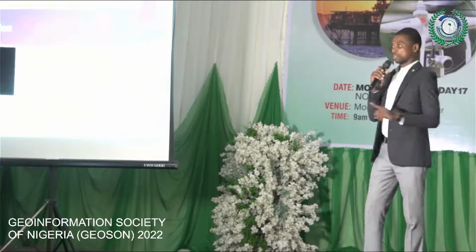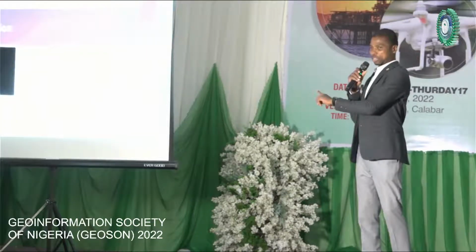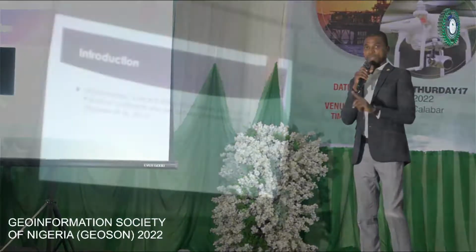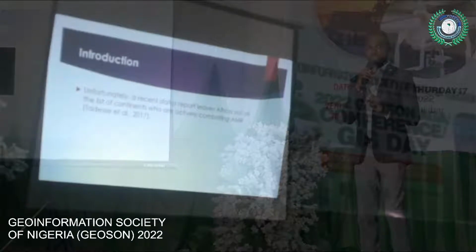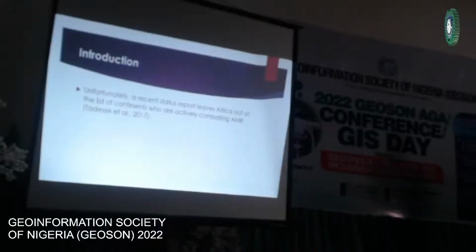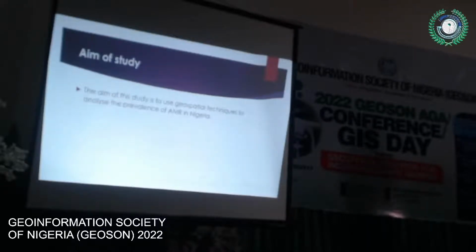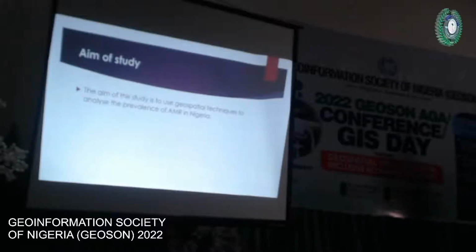And so far, this is the first publication on the application of geospatial techniques to antimicrobial resistance. And the research has also shown that not much is done in the health system in Africa to combat the problem. So the aim of this study is to use geospatial techniques to look into the problem, isolate the problem, find clusters, and see how we can target them.